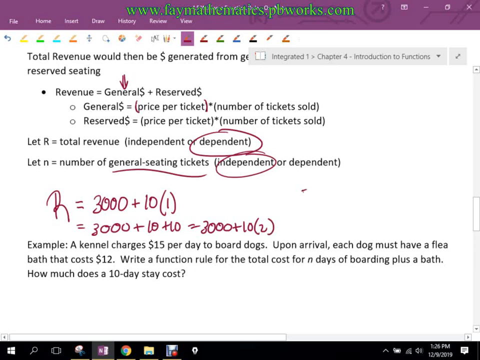What if I sell 3? It will be 3,000 plus 10 plus 10 plus 10. Is that the same thing as 3,000 plus 10 times 3? Does that make sense? So what if I sell N general admission tickets?